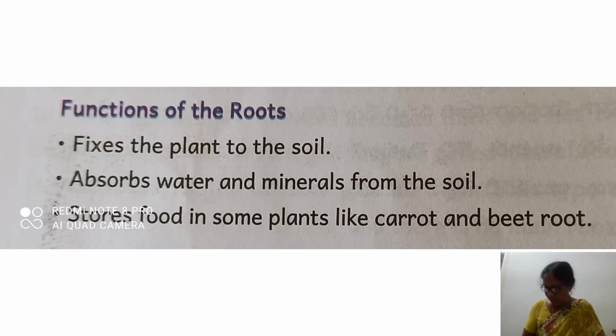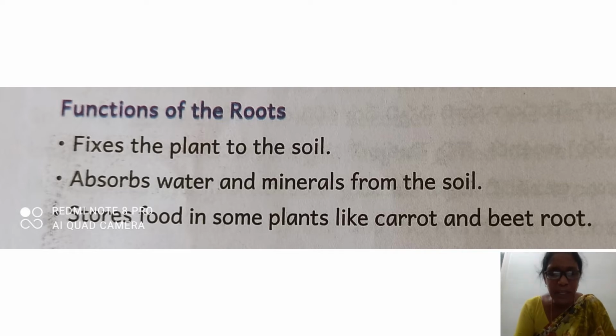And in plants like carrot, it stores food. In plants like sugarcane, banyan, it's giving support to the plant. In plants like rhizophora, mada we call, they help in taking oxygen from air, help in respiration.